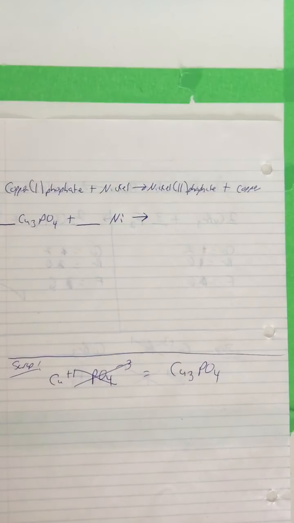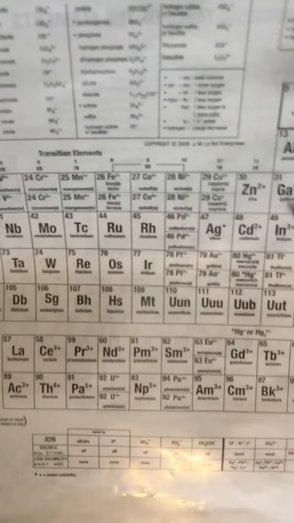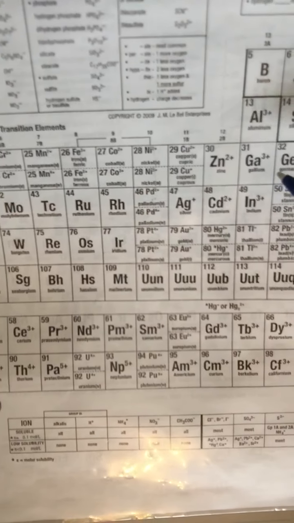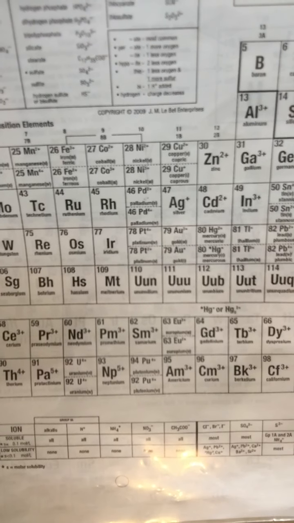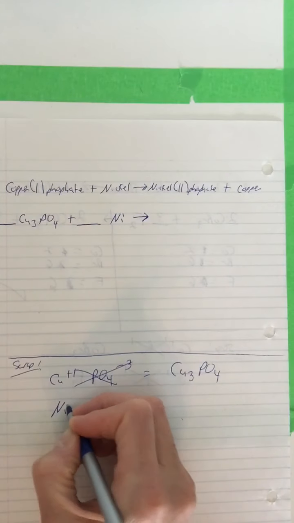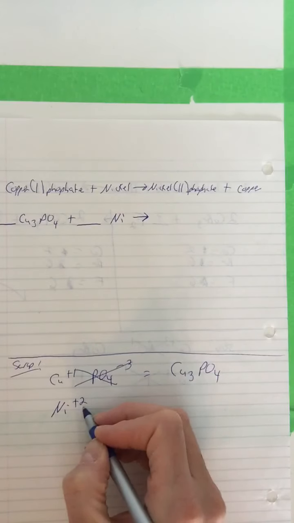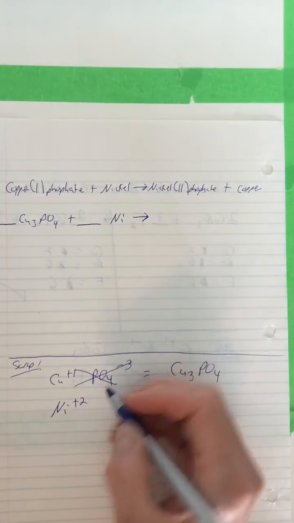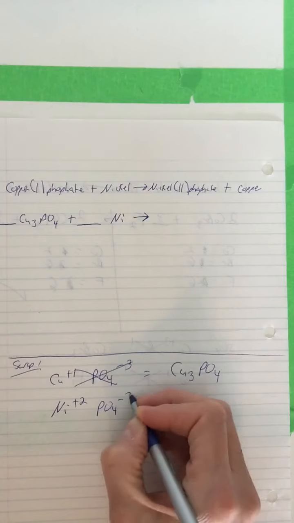Then I go to nickel 2 phosphate. Well, it told me it was nickel 2, so that's not hard. Ni, where is he? Right in the middle, right here. Can you see this? Right here, 28. Nickel 2. So down here, I'm going to do this up. Nickel 2, so it's Ni plus 2. And phosphate, I've just seen. It's PO4 minus 3.